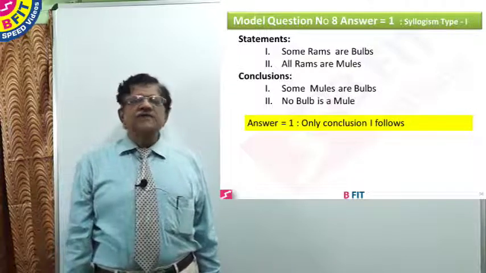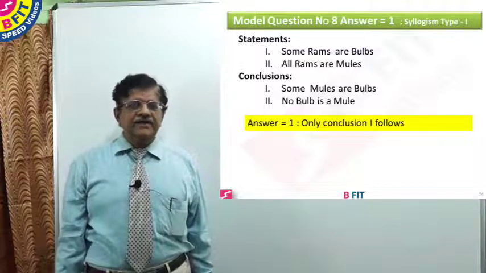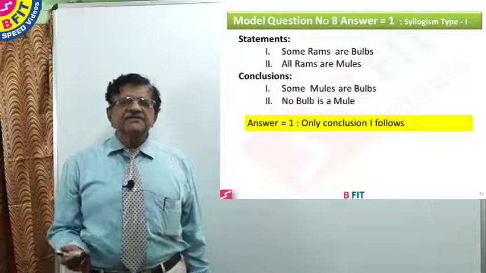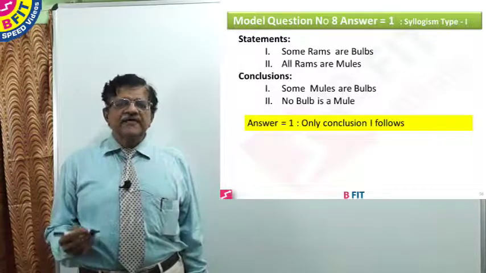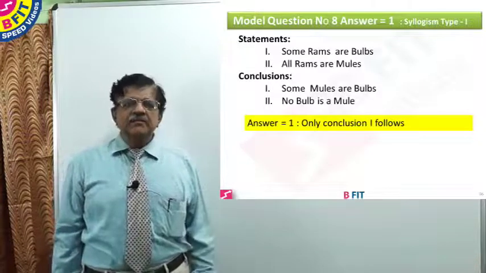Now we have so far seen almost all the models for drawing mediate inferences, and we have also seen the steps, step 1, step 2 in a very systematic manner. We have seen 8 examples I have worked out.